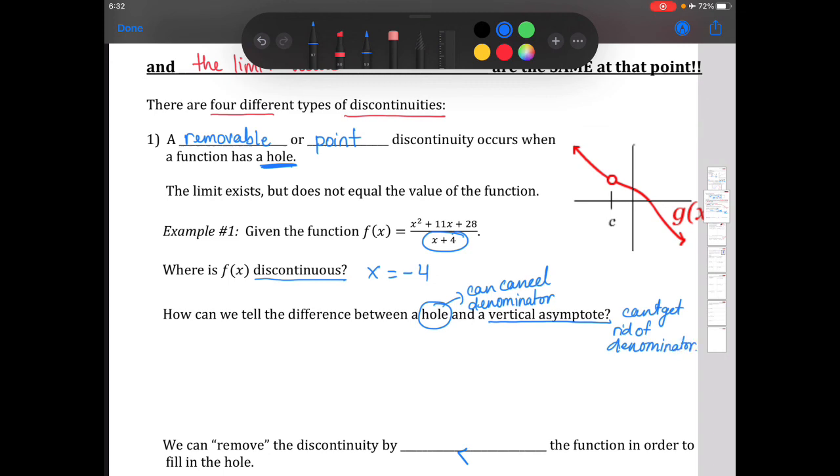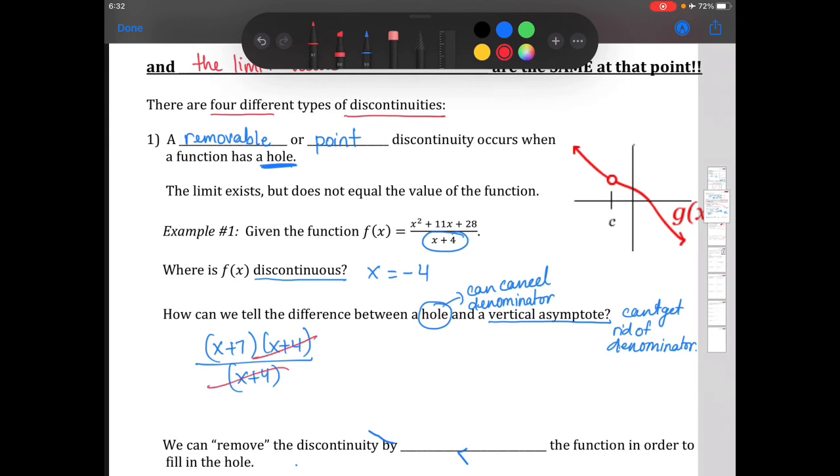So I'm going to go back to this question. Here we said it's discontinuous, or we're thinking there could be an asymptote at x equals -4. But now we're going to decide whether it's an asymptote or a hole. We know it's undefined at x equals -4, but what is it? How do we find that? You factor the numerator and the denominator. The numerator can be factored to x plus 7 and x plus 4, and my denominator is just x plus 4. Now what happens? The x plus 4's cancel out.